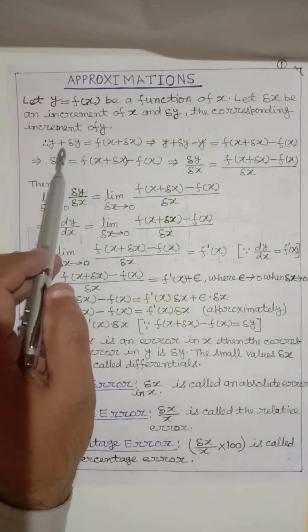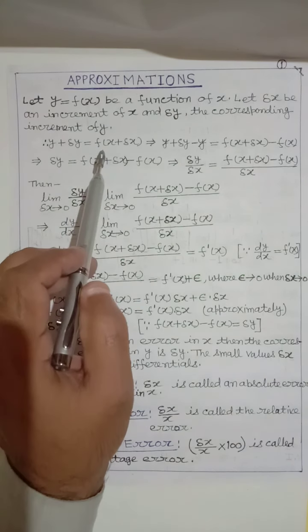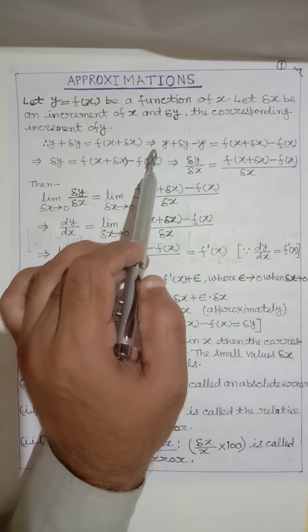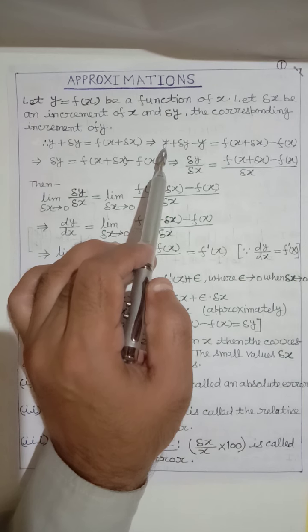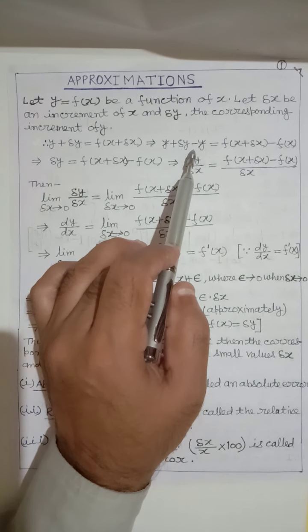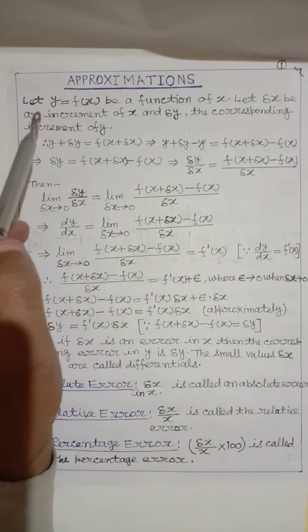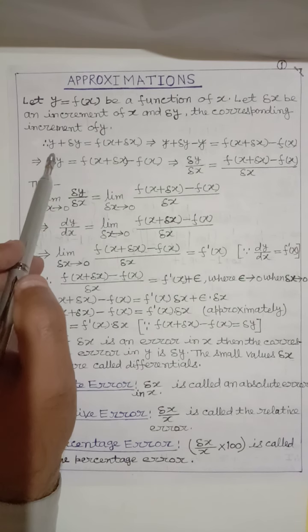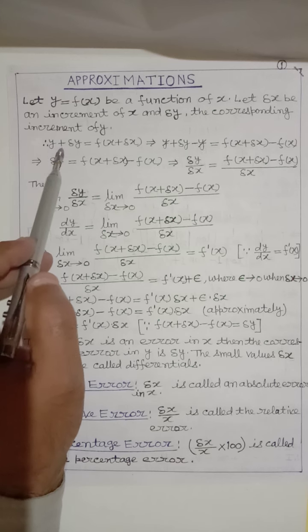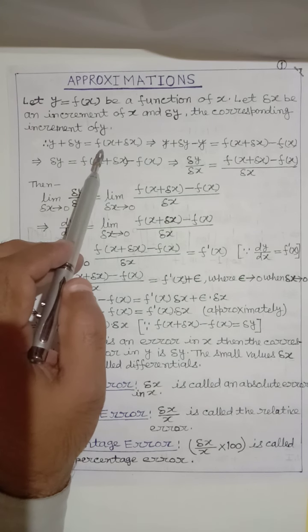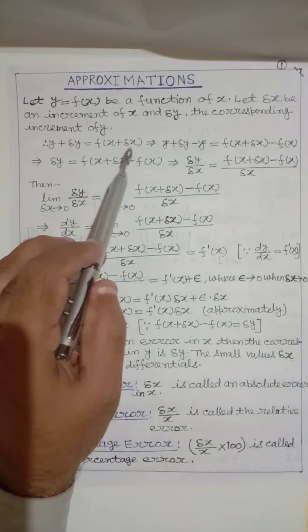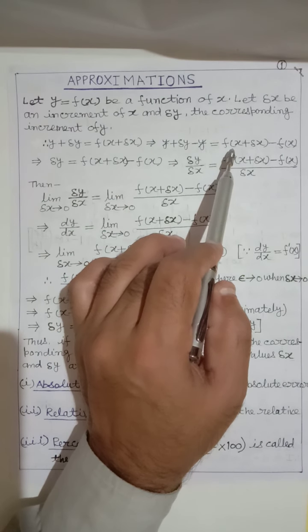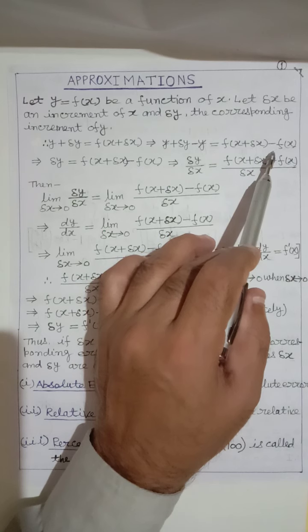So y plus del y equal to f of x plus del x, and this implies that y plus del y minus y, means we subtract y equal to f(x) from y plus del y equal to f of x plus del x, and here we get f of x plus del x minus f(x).